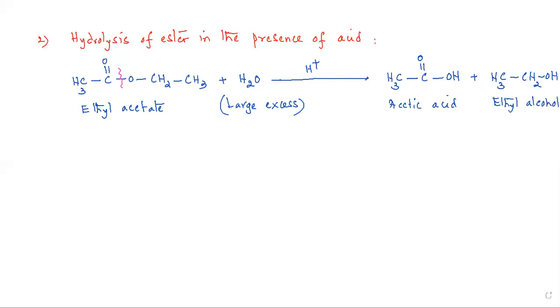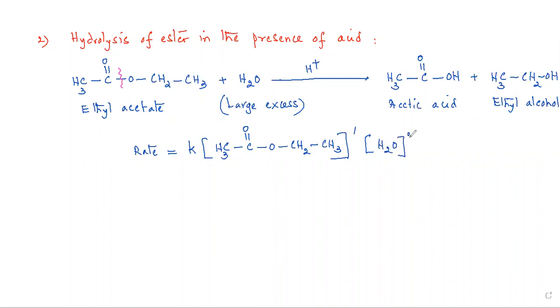Now see, for this reaction, the rate expression can be written as K into concentration of ester to the power 1 into concentration of water to the power 0. So order with respect to ester is 1, whereas that with respect to water is 0.